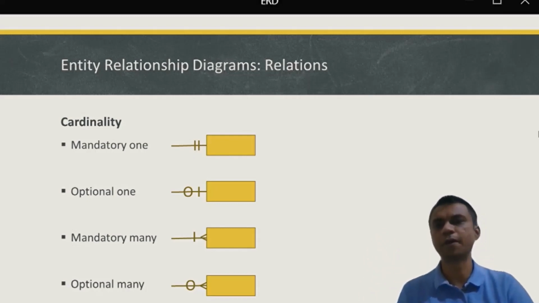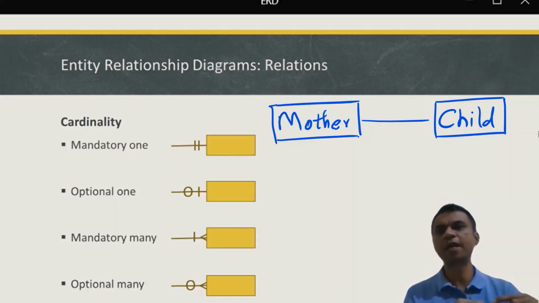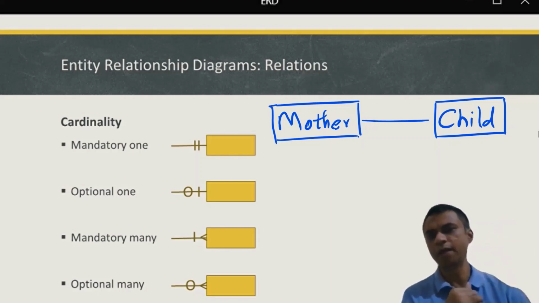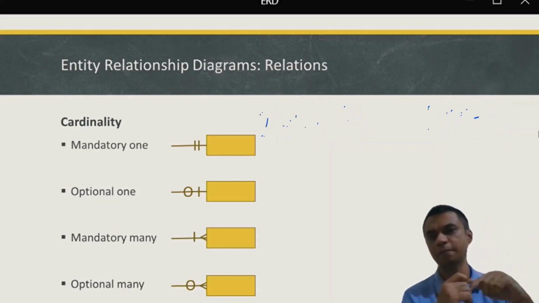So for example, the thing we chose about mother and child. Every child has mandatorily one mother, but the other way around it may not be so. Of course, when you have a mother, that means there is a child, but it can be many.